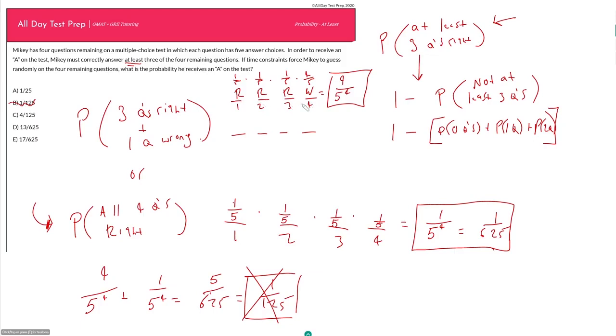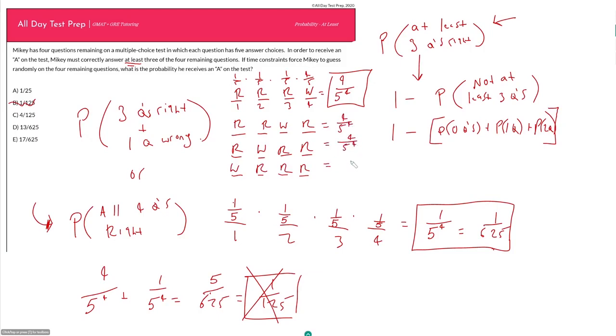But there are other ways that he can get 3 right and 1 wrong, depending on how you move the wrong question around. So you can get right, right, wrong, right. You can get right, wrong, right, right. Then the final scenario could be wrong, right, right, right. And all of these are going to have a probability of 4 over 5 to the 4th.